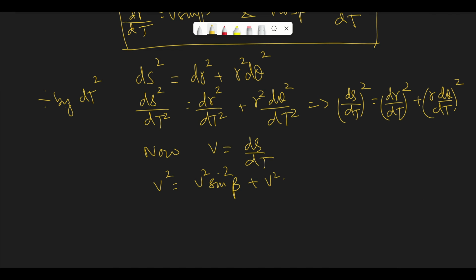So we finally obtain v² is equal to v² sin² β plus v² cos² β.